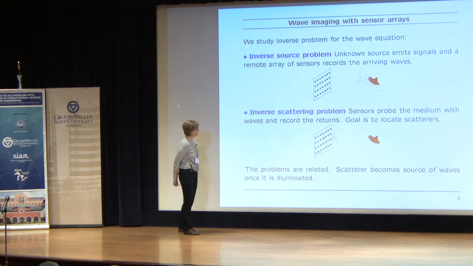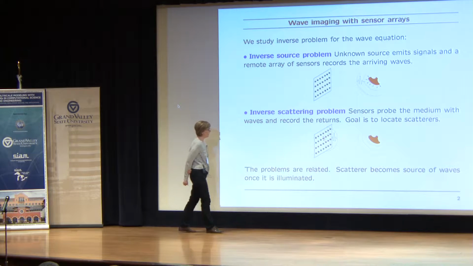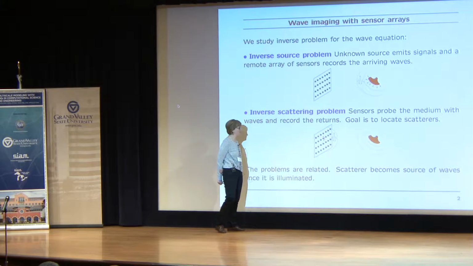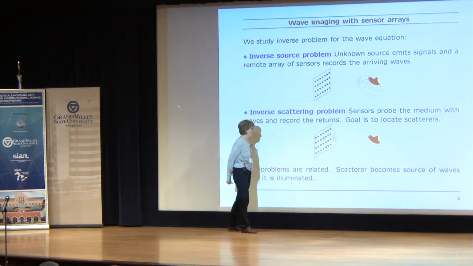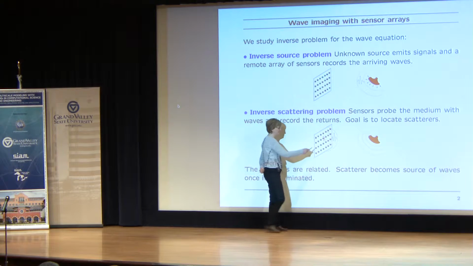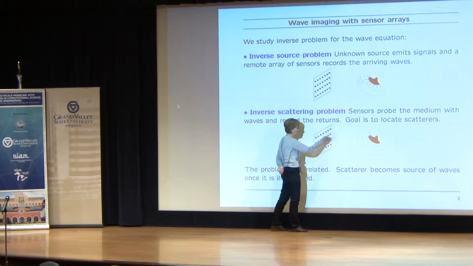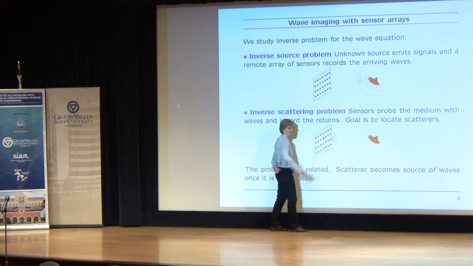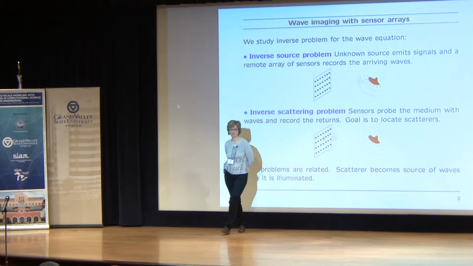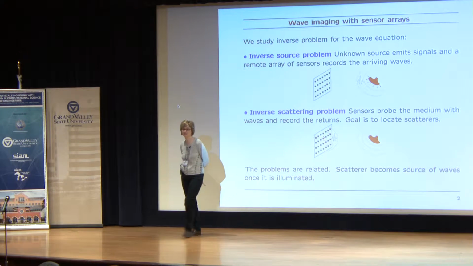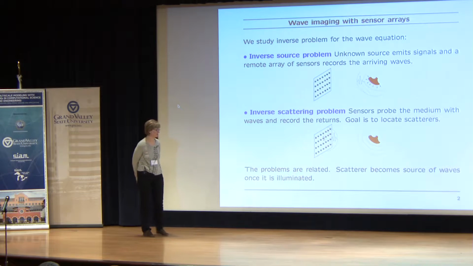And in inverse scattering problems, now we have what we call an active array of sensors, where sensors emit some signals, so they probe a medium, and then they also record the echoes, and from those measurements, the goal is to find scatterers in the medium.